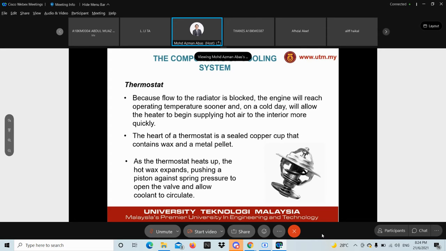So the wax expands and contracts according to temperature. As the thermostat heats up, the hot wax expands, pushing a piston against spring pressure to open the valve and allow coolant to circulate.